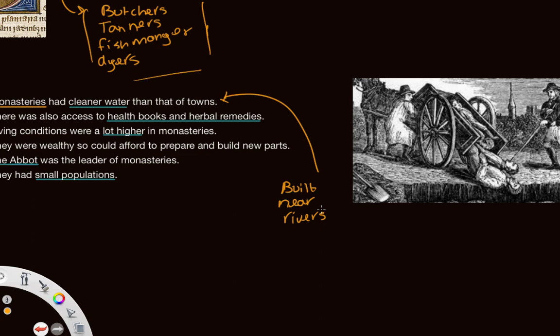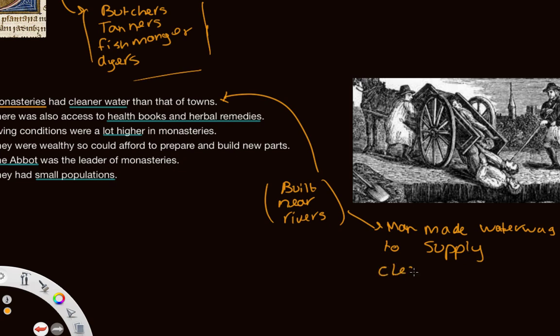And if there wasn't a river, they would have what were known as man-made waterways to supply clean water, okay?